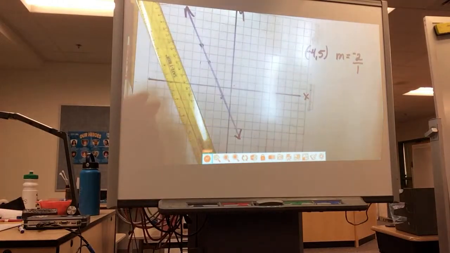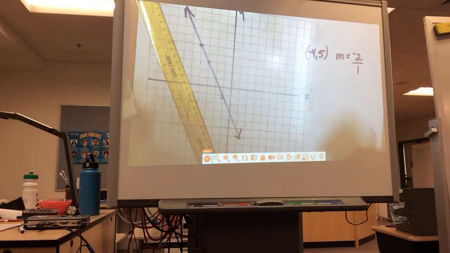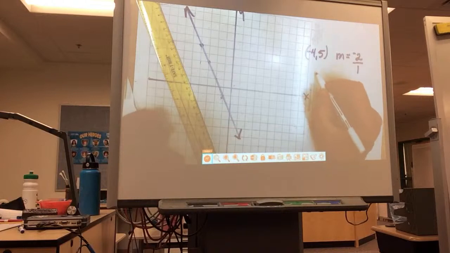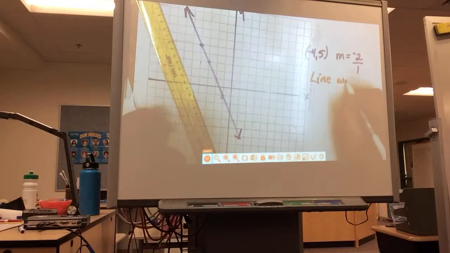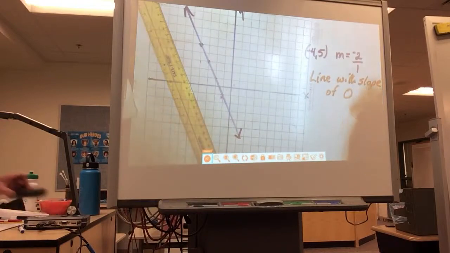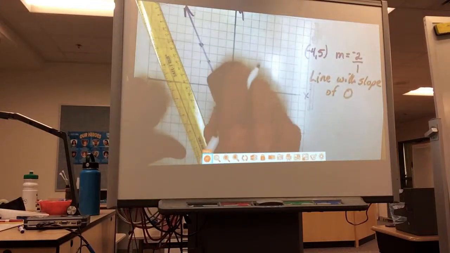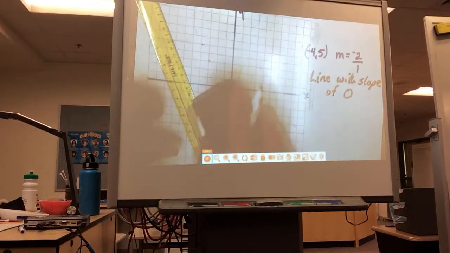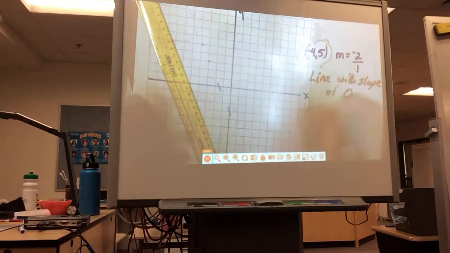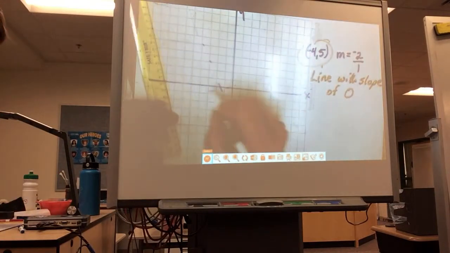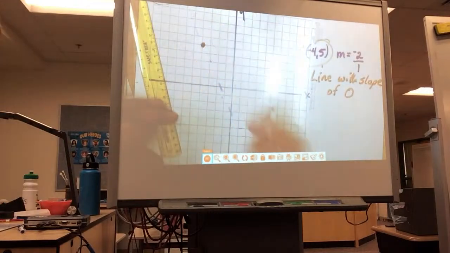This might be important for you to have written down. So now I would like to draw a line with a slope of 0, and let's go through that same point, negative 4, 5. So let's use this point. There it is.